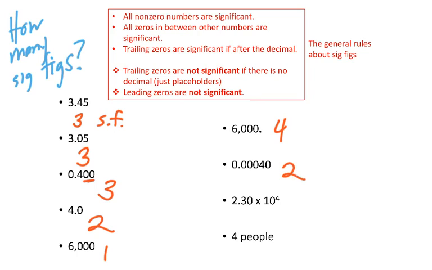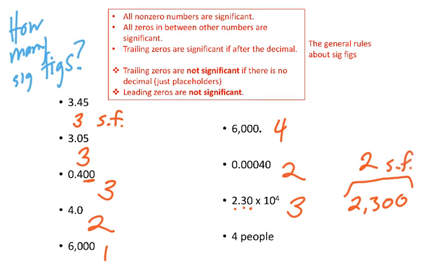Scientific notation is really useful, and I'll show you why. This number right here, 2.30 times 10 to the 4: 2, 3, and 0, all significant. This is a trailing 0 after the decimal, so it has 3. However, if you write this number out, it's 23,000, and this number would only have 2 sig figs.